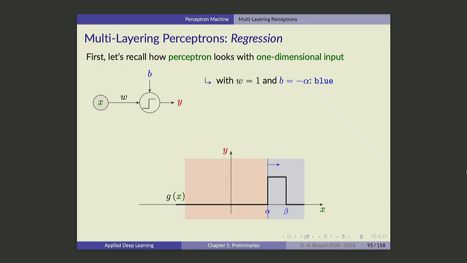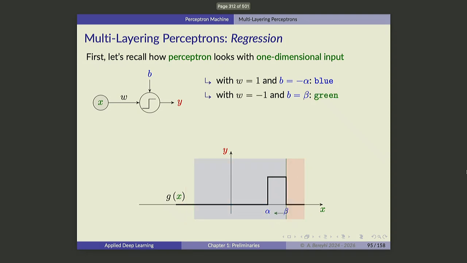So if you take any x more than alpha, x minus alpha is positive, and the output of the perceptron is going to be 1. Anything less than alpha, x minus alpha is negative, and the output is 0.